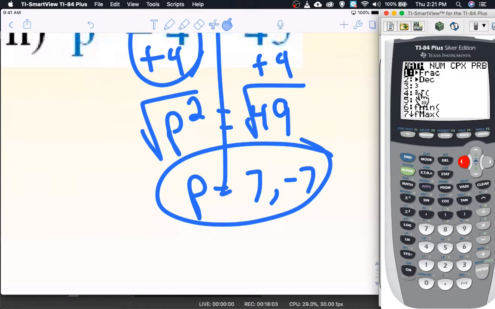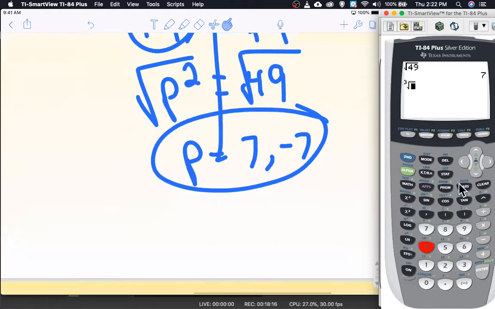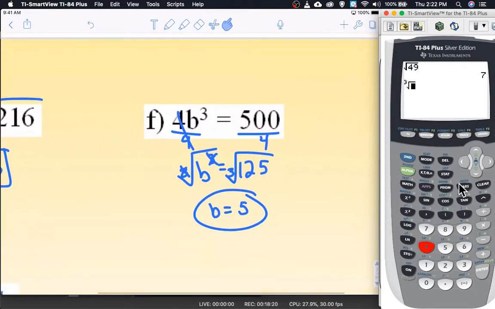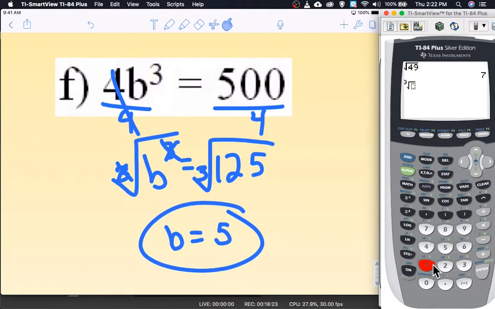Number 4, the cube root of. So if I hit number 4, either on the keypad, or I can cycle down to number 4 and then hit enter, either way, that is doing a cube root. So if I was doing the problem we just finished doing, the cube root of 125 is 5. So that's how you use a graphing calculator, or at least a TI-84 calculator, to do a cube root.